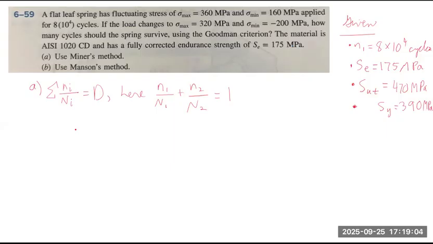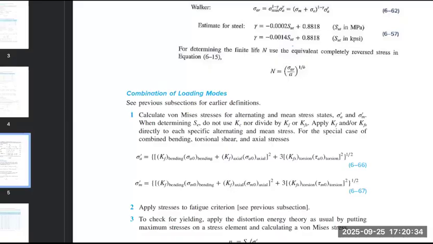Now our next step is to find N1 and N2, since those are the things that we can find. So what is the expression for N again? As we see over here, N can be expressed as the completely reversed stress over a, to the power of 1 over b.